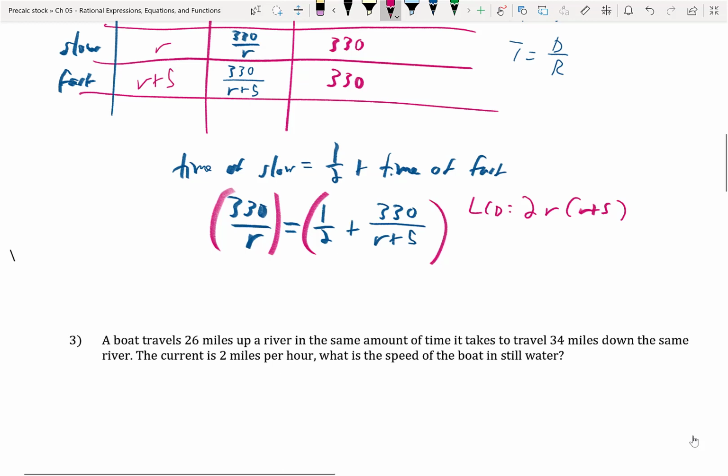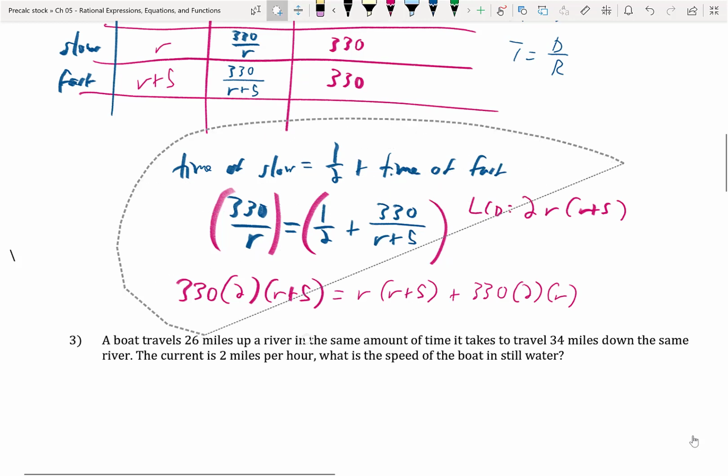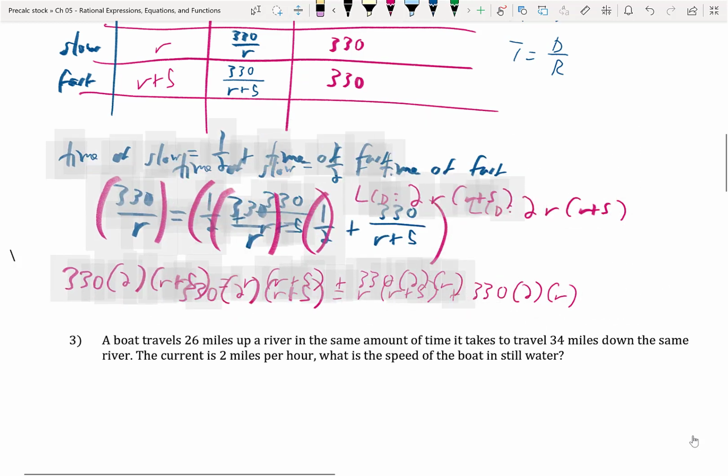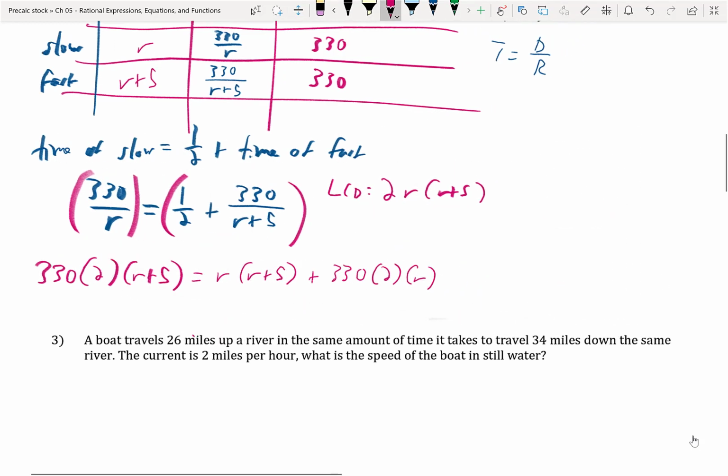If I do that, then I get, let's see, multiply it here, the r clears, and I have 330 times 2 times r plus 5 equals, multiply that here, I have r times r plus 5 plus 330 times 2 times r. So keep track of all that. It's a lot to watch when you're multiplying by least common denominator, but you can get it.